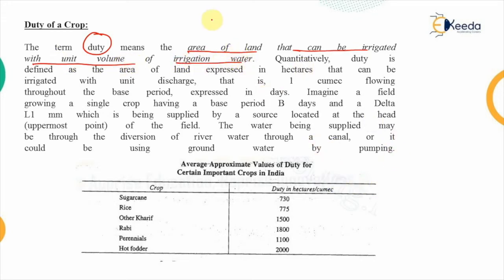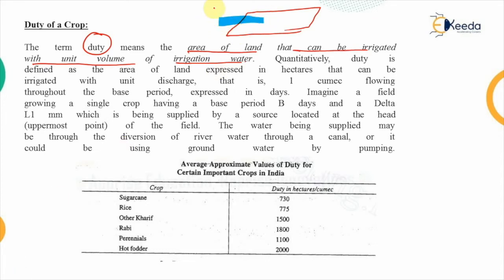That means, let's say this is the area of the land, and from this side we have the source of the water. That means this water is applied from this side.